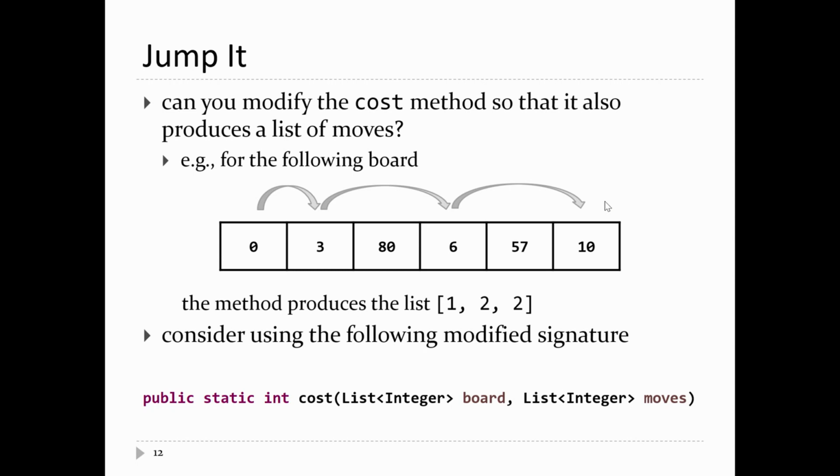It might be nice if you got back that information somehow, in other words, the sequence of moves 1, 2, then 2. And so you can modify that cost method so that when you call it the first time, it takes in a board and an empty list of moves, and then the method fills in the list of moves with the values 1, 2, and 2. So if you like solving these little programming problems, you can try coding this up and see if you can get this to work.